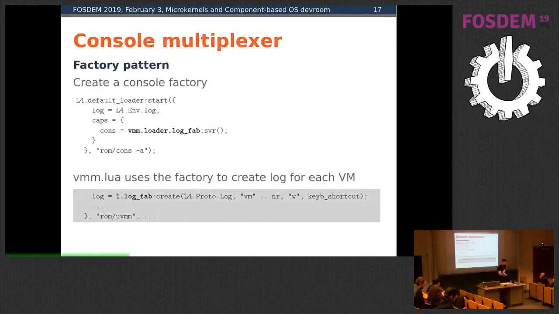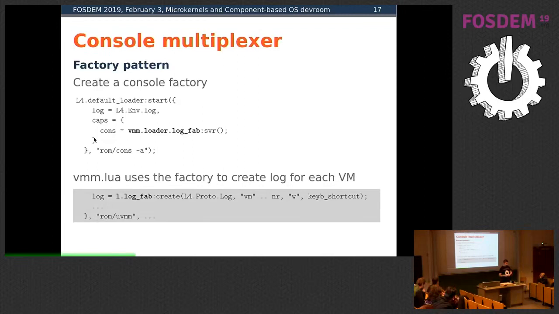That's depicted here. So the console multiplexer uses a pattern which is very common to all this L4Re configuration and L4Re components, which is the factory pattern. Using the variable, the IPC channel, which is in fact a kernel object called IPC gate, we are going to create a new IPC gate capability and pass it to the cons process as a capability known under the cons string.